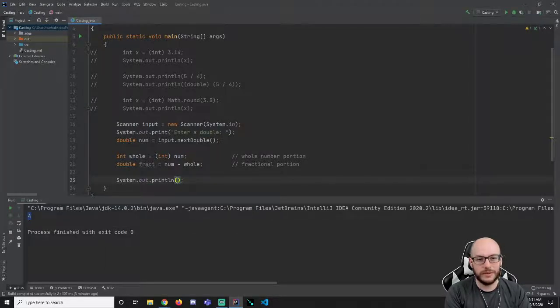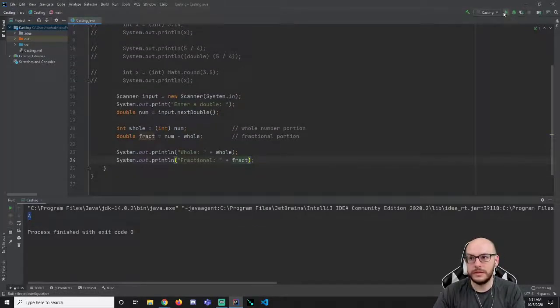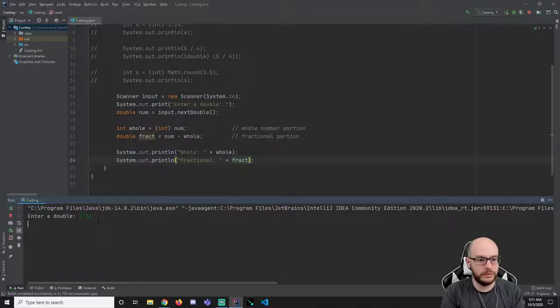I'm going to print off my whole number, and then I'm going to print off my fractional part. Enter a double. If I do 3.14, ignore this. So see, we have our whole number part, and then we see our fractional part.